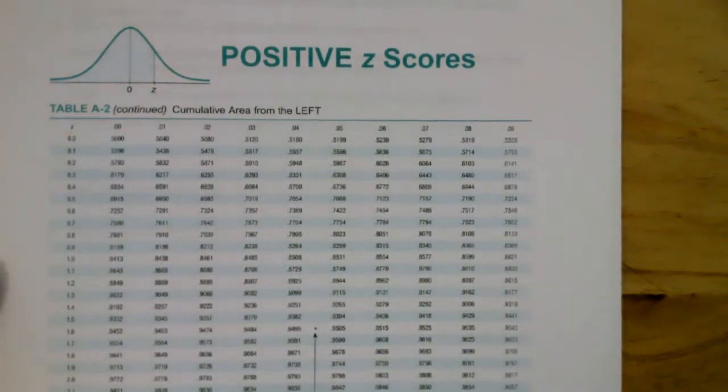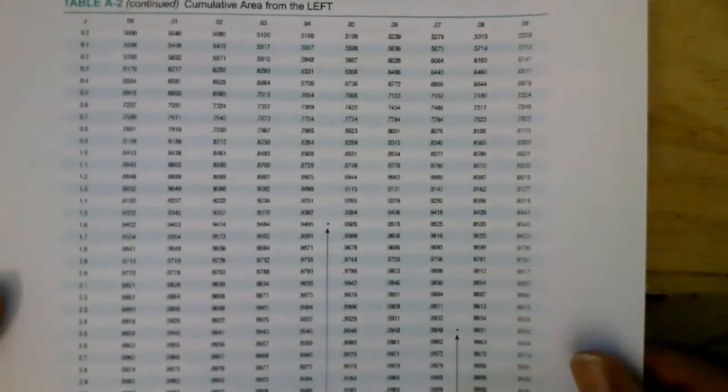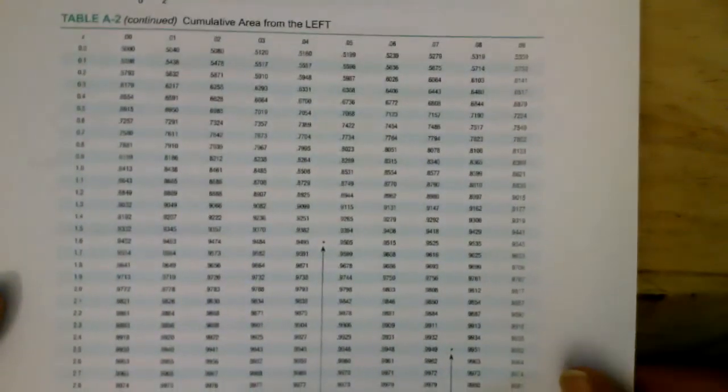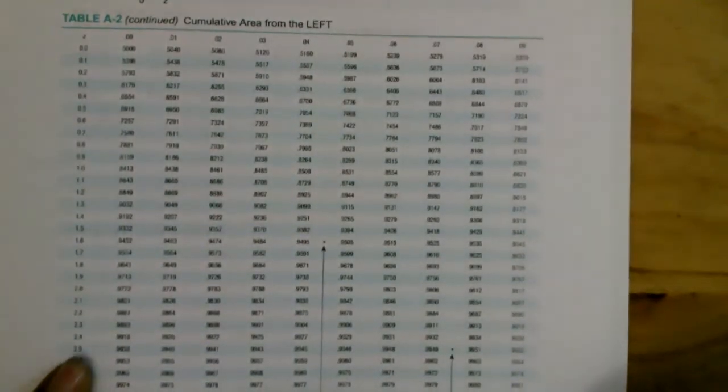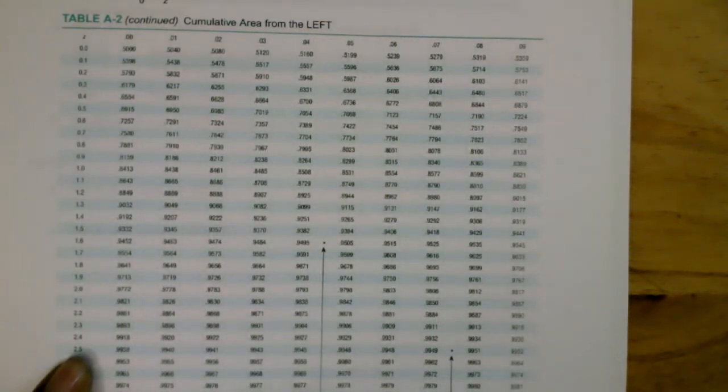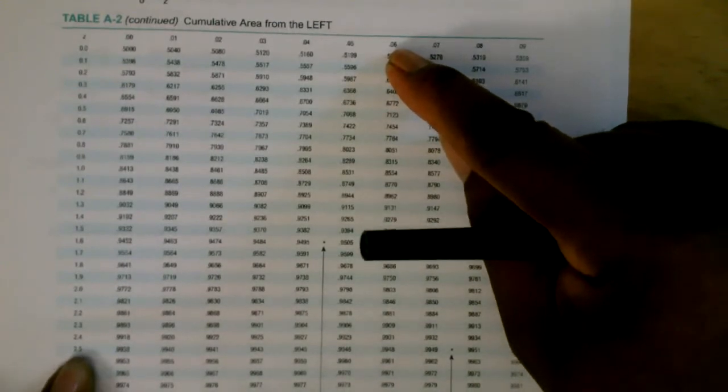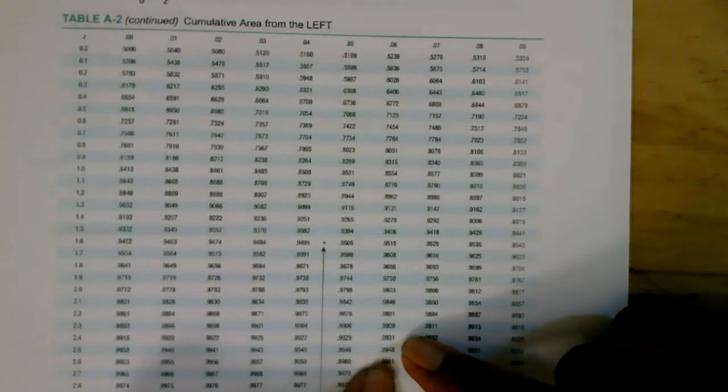Okay. Now, I'm going to have to find 2.5, which is this number on the left-hand side where my finger is. And then the 0.06, that's the last digit after the 2.5. That's on this top row up here where I have 0.06. So now I'm going to read across from 2.5 and down like this.